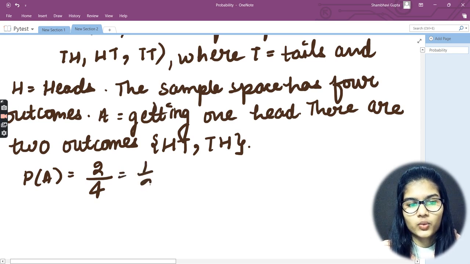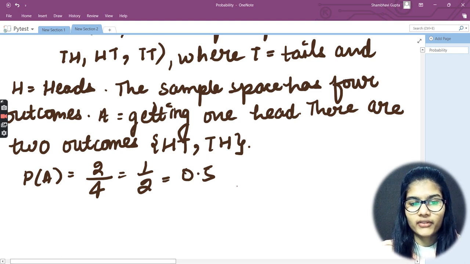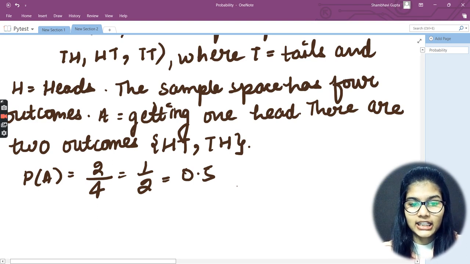So 2 by 4 is equal to 1 by 2, and that's equal to 0.5. And remember I told you in my previous video that if the probability of A is equal to 0.5, then we say that the event is equally likely to occur or not to occur.